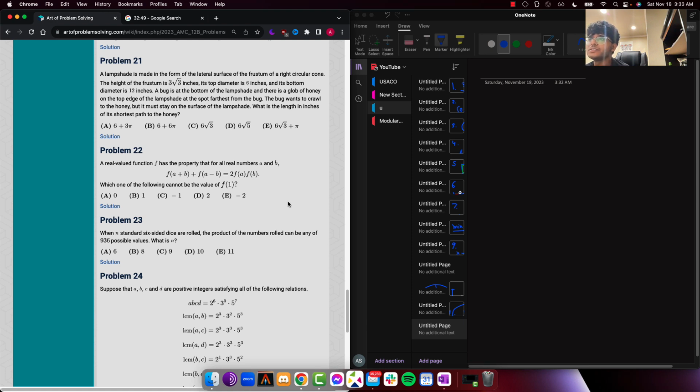N standard 6-sided dice. This looks like a number theory problem, kind of. A number theory in combinatorics, because you look at the LCM, or actually no, you don't look at LCM, you look at how many factors of each of the primes will be involved. Actually, no, the product of the number is the product.